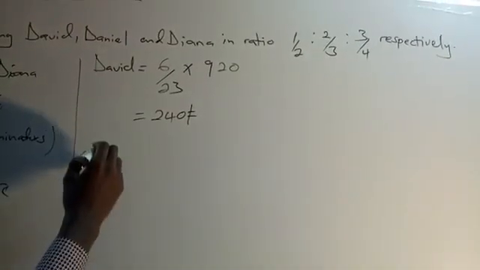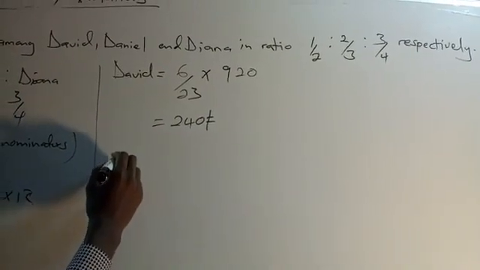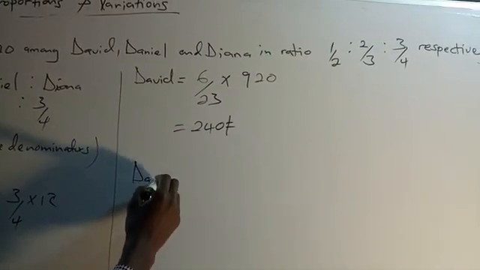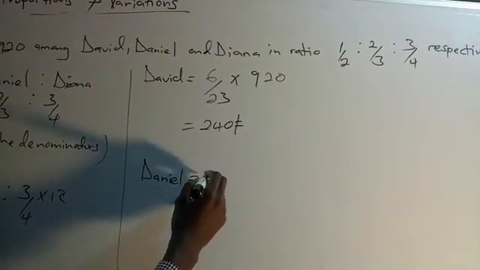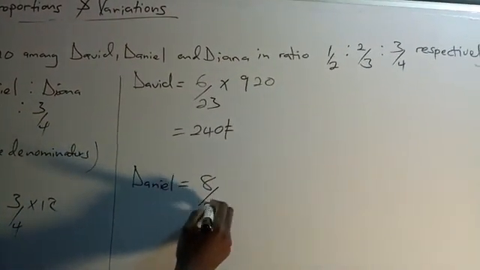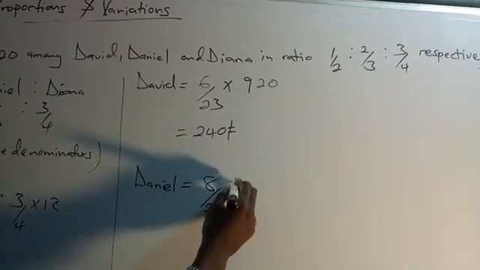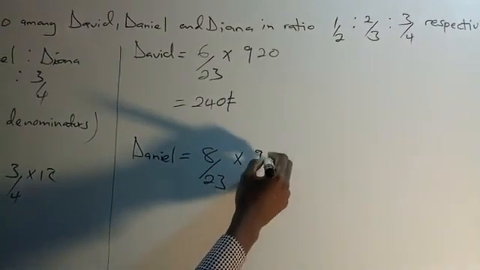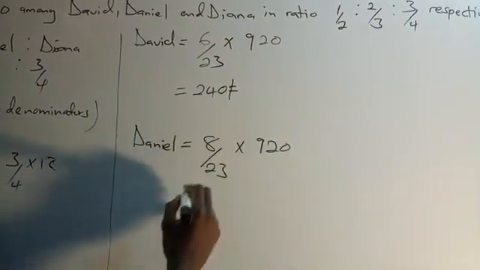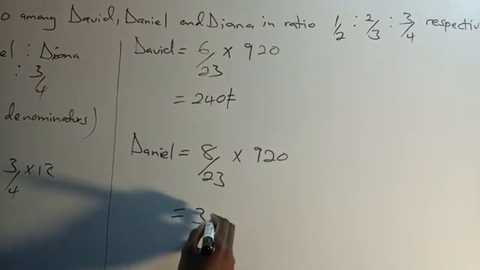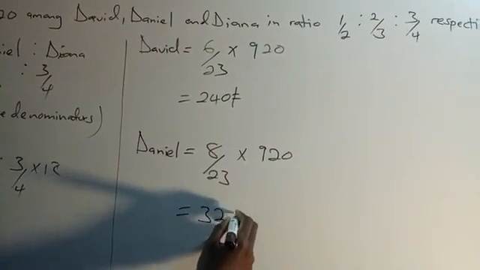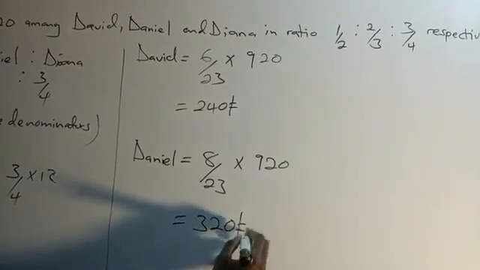So on Daniel, it's 8 over 23 times 920, which is 320 shillings.